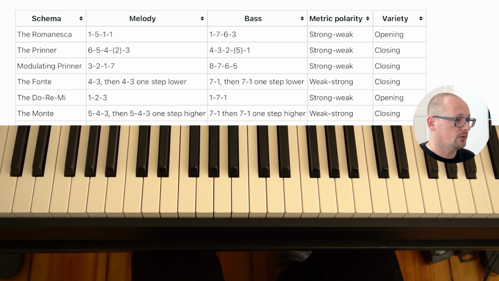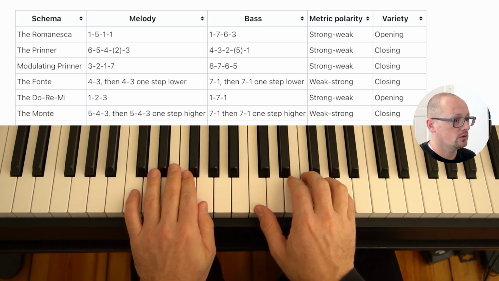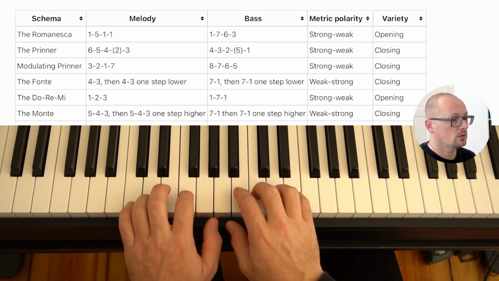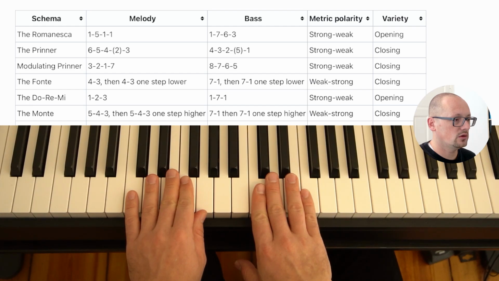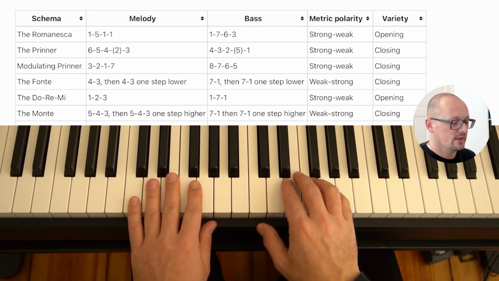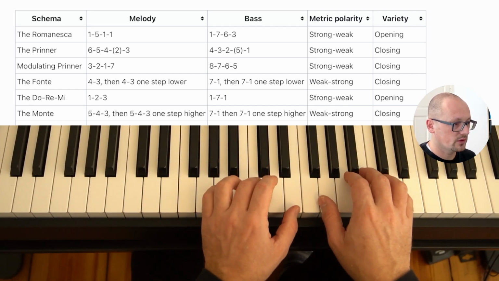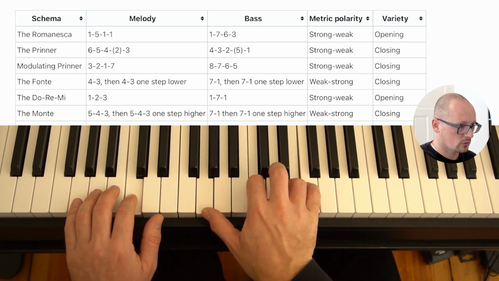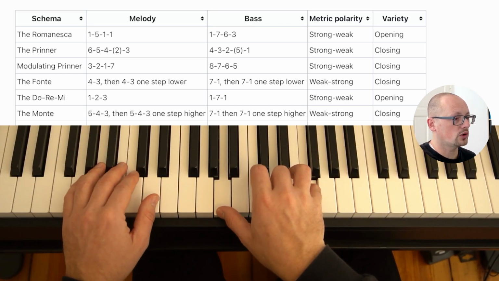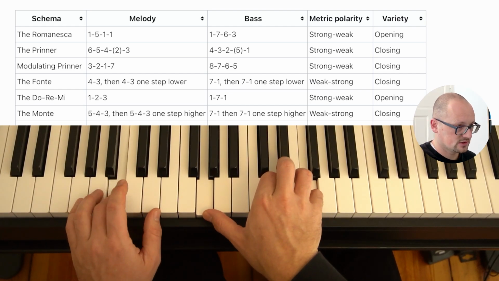I can try to play, for example. Okay, this is also classical, so late 18th century. But for example, this one. It's 2-4, 5-6.